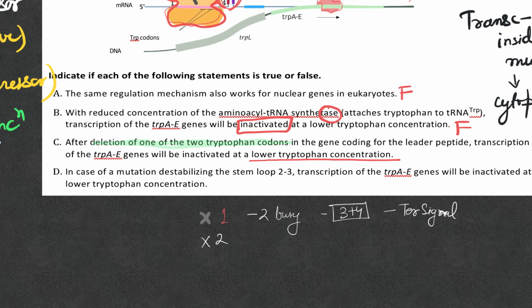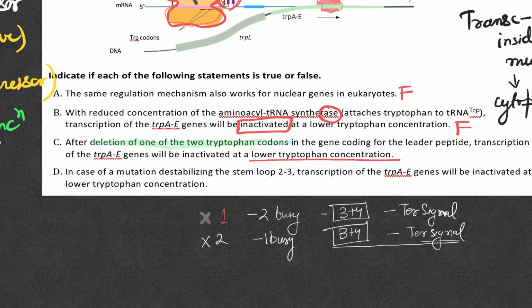If the 2 is deleted, what will happen? 1 is busy, there is no 2. Once again, the 3-4 loop is there, and this will lead to formation of a termination signal. So if either 1 or 2 is deleted, I will have a termination signal.